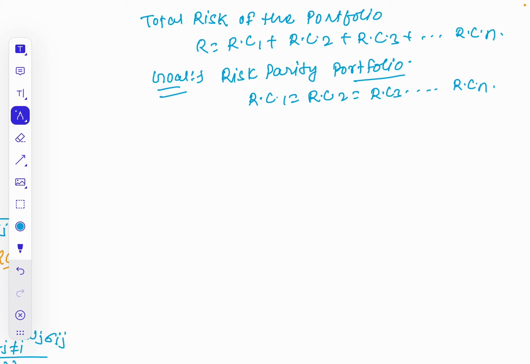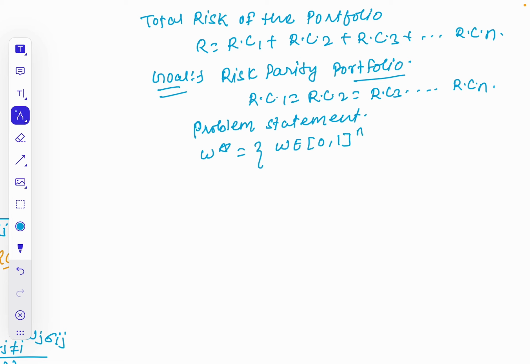So let us define our problem statement. Our problem statement is we want to find the weight W, that is, what weight should be assigned to the different assets of the portfolio in such a way that, first, the weight of each asset should lie between 0 and 1.